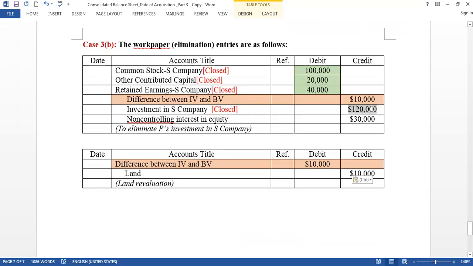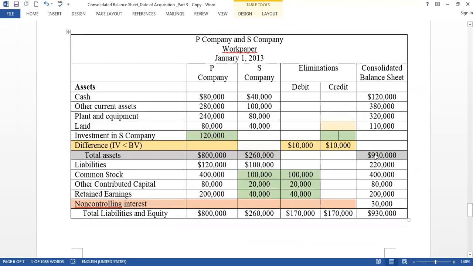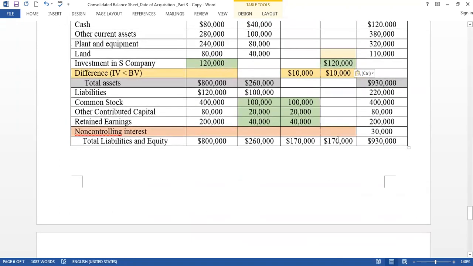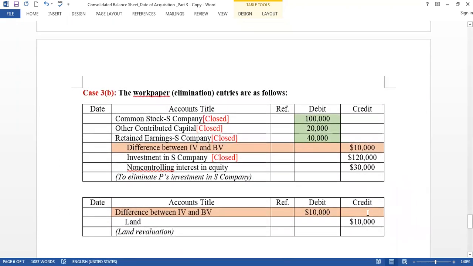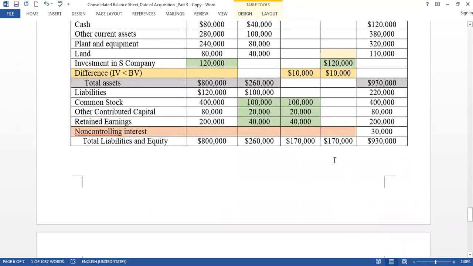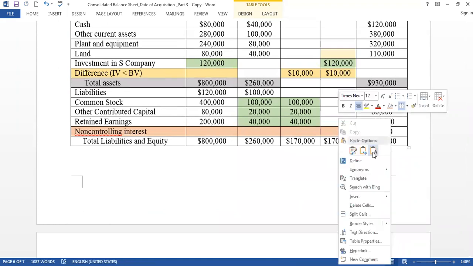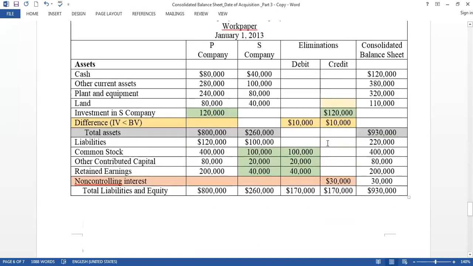Then we have $120,000 investment in subsidiary. We put it credit. Then we have $30,000 non-controlling interest credit. We put it in the credit. So this debit and credit we put.